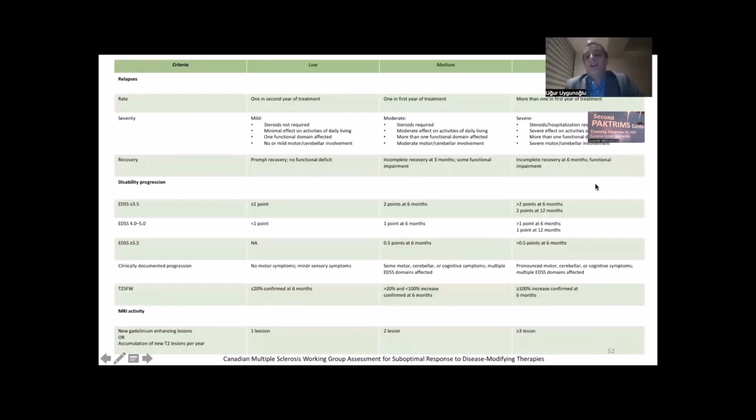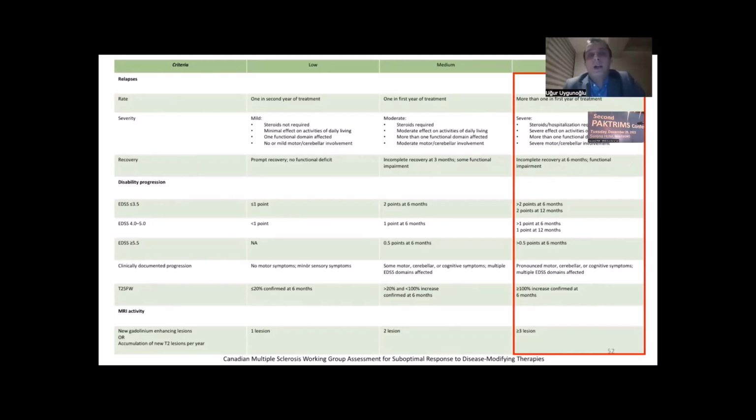There are no established criteria for switching treatments, but there are some reports. This report is very well written and gives information for switching the treatment. There are 3 aspects: relapses, disability progression, and MRI activity. If the patient has more than 1 relapse in the first year of the treatment, and also severe relapses and incomplete recovery at 6 months with functional impairment, this might be accounted as high active disease, and we should consider changing the treatment.